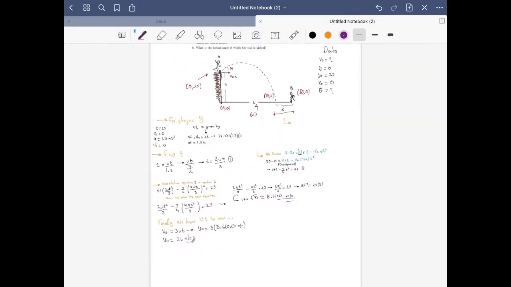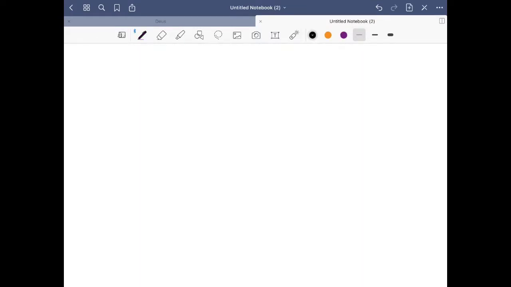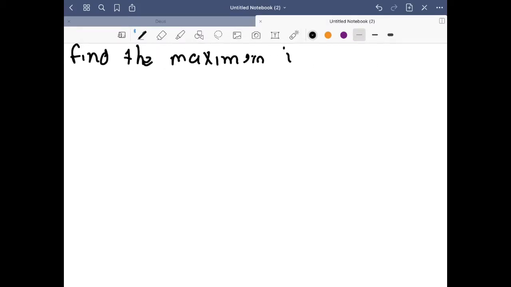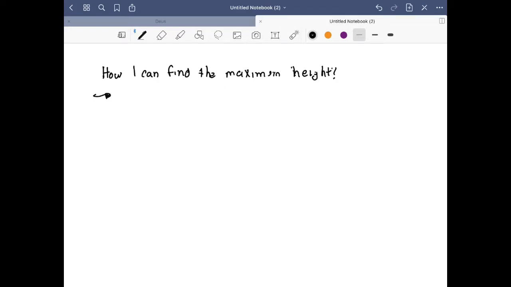So we are close to finding the answer for letter A. Now I have the initial velocity, and having the initial velocity, we have all we need.